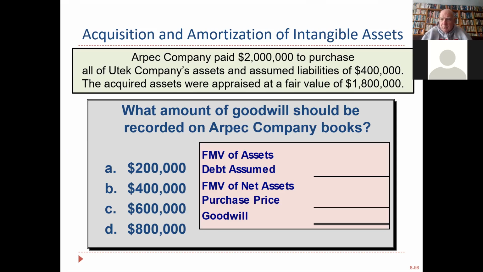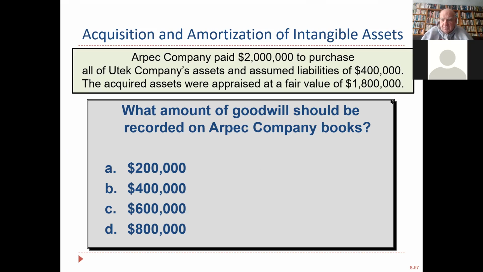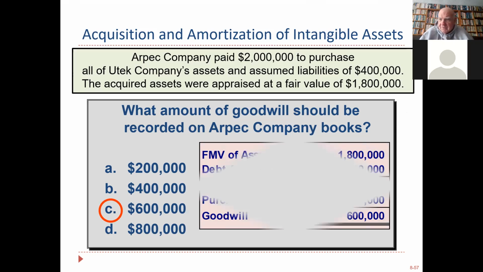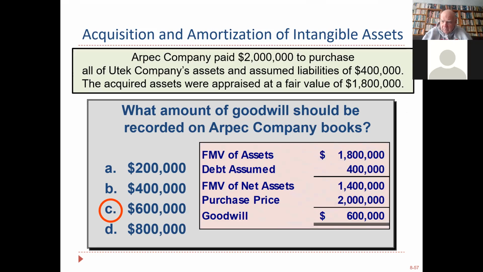The whole point of goodwill is when you buy a company, you don't care how they had it valued. You're going to value it the way you think it should be. So in this case, you're going to have liabilities of 400,000, and the fair value is 1.8 million. The difference between that is $1.4 million. So if there's a God in heaven, $600,000 is the goodwill.